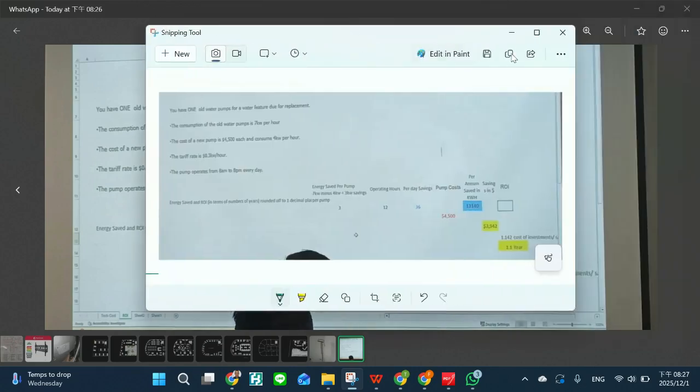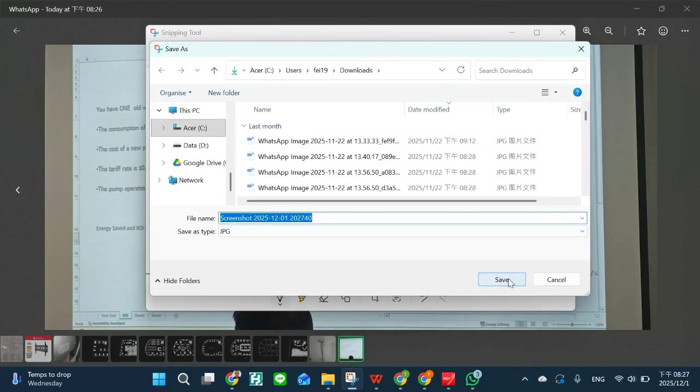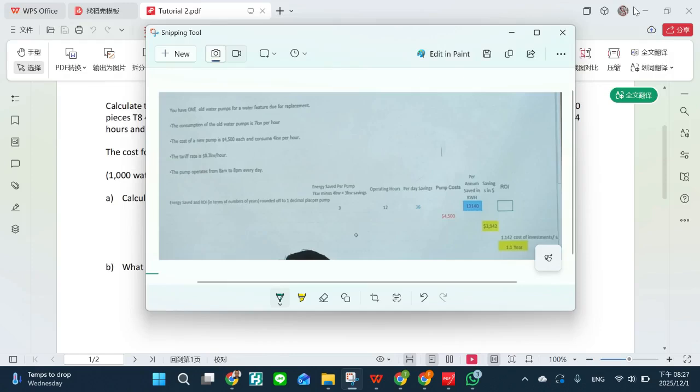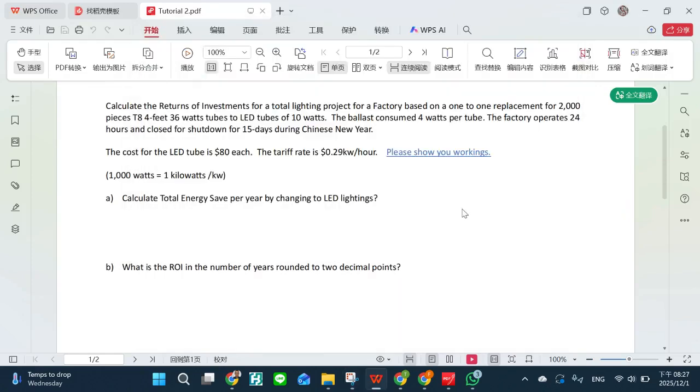So the very fast, very easy way is to find the energy saved. So how much is the energy saved from an old pump to a new pump? 3. Very easy, like 7 minus 4. 7 kilowatt minus 4 kilowatt is 3 kilowatt. That is your energy saved. That is one small part of the answer.